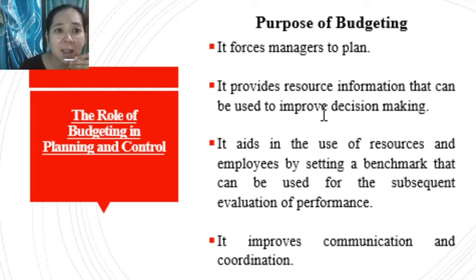So here, the management or the organization as a whole will accumulate a lot of information. Okay, and then of course, this financial information will be used for decision making.